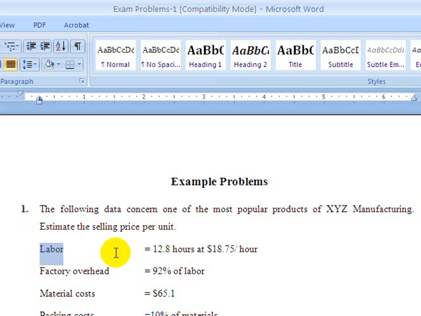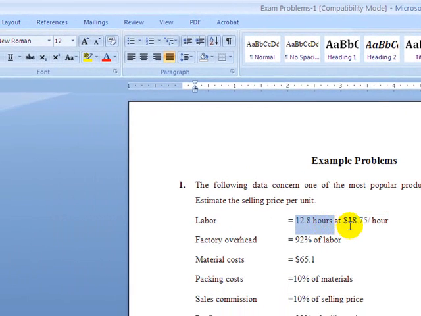So labor cost is given, which is that one unit requires 12.8 hours of work, and labor cost is $18.75 per hour. That is the direct labor cost. Then the factory overhead.